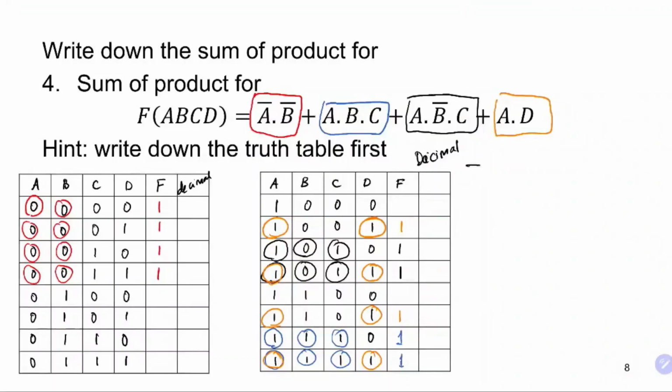What is the sum of the products term? Decimal equivalent, I got 0, 1, 2, 3, nothing there. 4, 5, 6, 7, 8, I got a 9, 10, 11, 13, 14, 15.